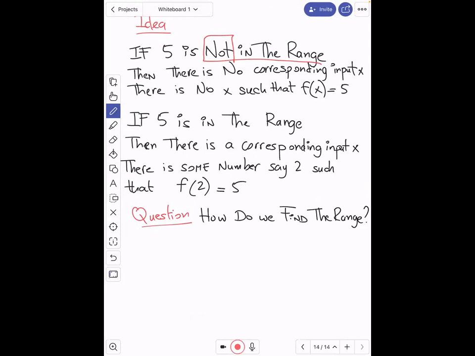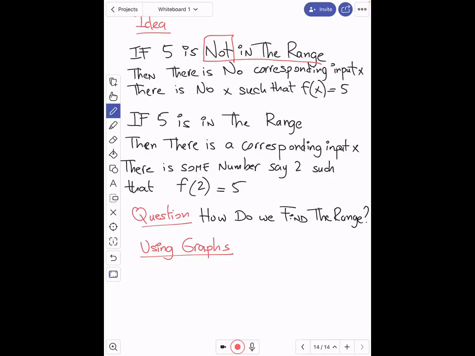First, let's use graphs. Probably you can guess: for the domain, we use vertical lines to find the domain.